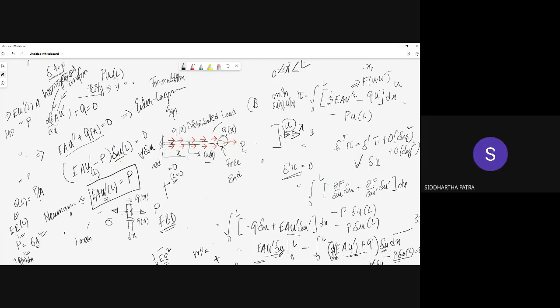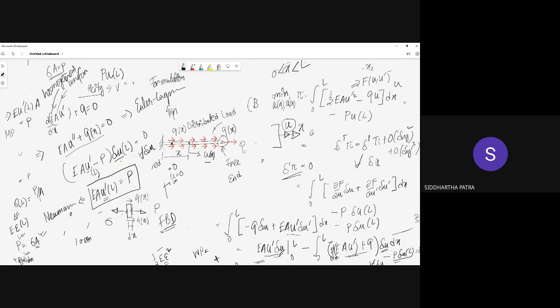Whose approach? Yeah, so that's a question, right? Since we are drawing a free body diagram, Newton sir. Newton's approach. So what I'm trying to show here is Newton's approach. I can get this boundary condition without doing this variational formulation. That's what I'm trying to say here. We can directly get this boundary condition from the free body diagram.